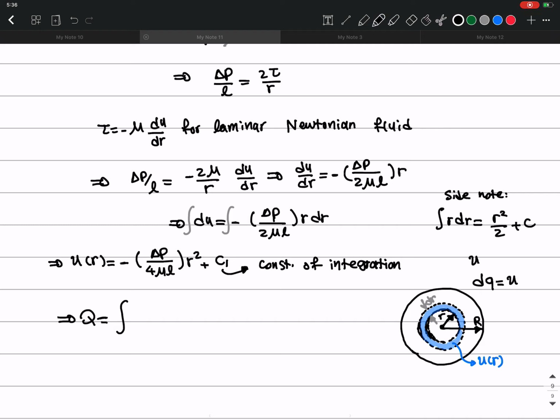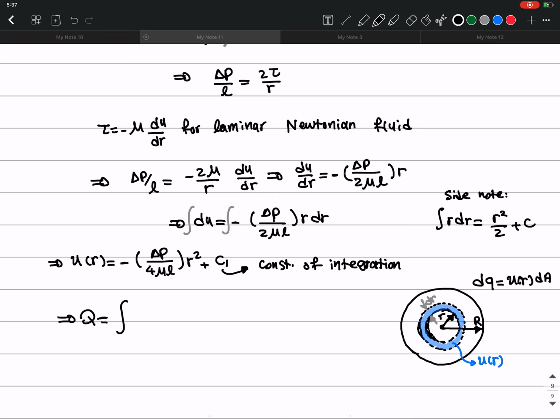Flow rate is velocity times area, right? VA or UA. Okay, so dQ is going to be u at r times dA. Okay, the area of this, which is shown with this blue color.